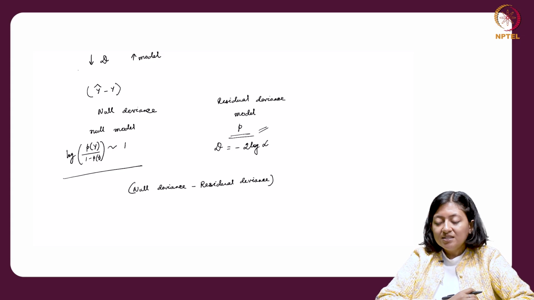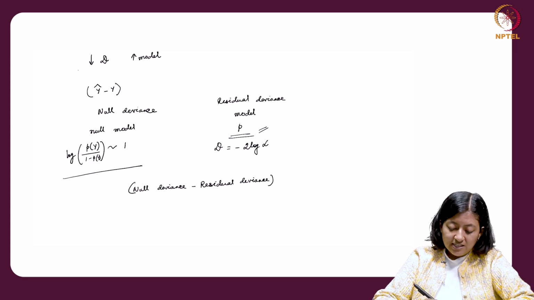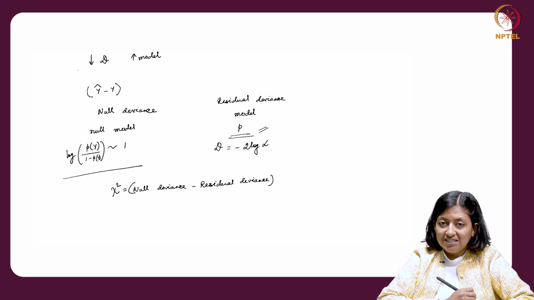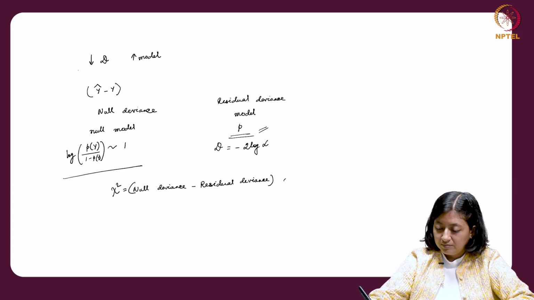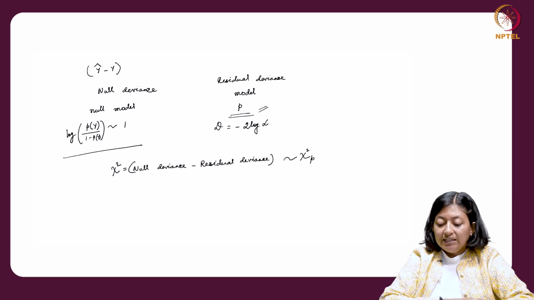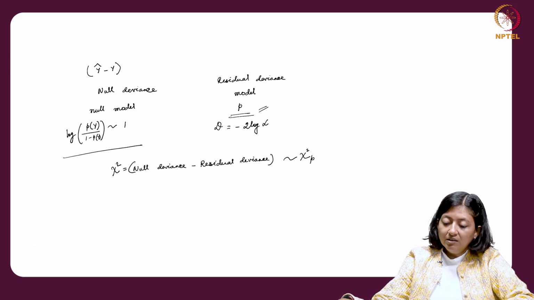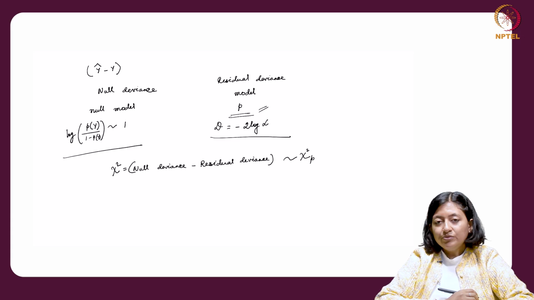And it turns out that this difference is actually a chi-square test statistic with p degrees of freedom. If this test statistic turns out to be significant, then we would consider this model as a useful model.